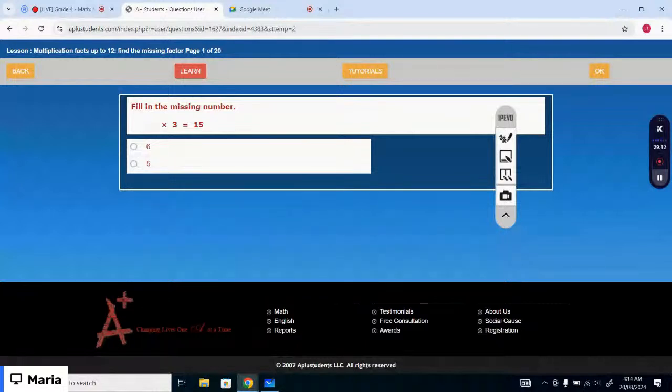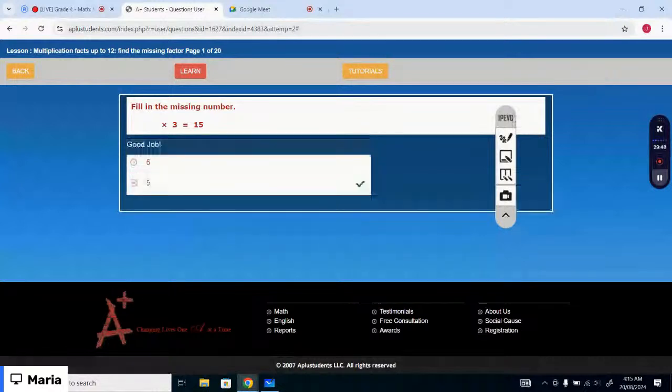So 3 times what number is 15? Yes, very good. 3 times 5 makes 15, so the correct option is 5.